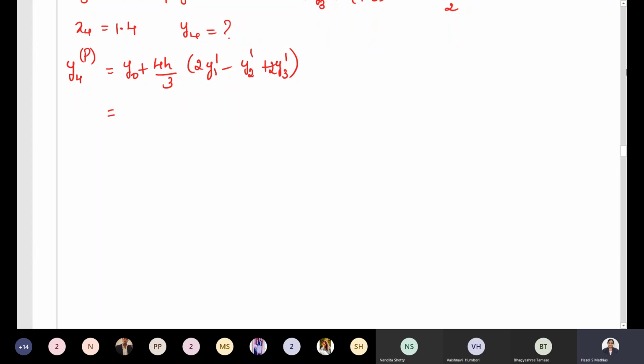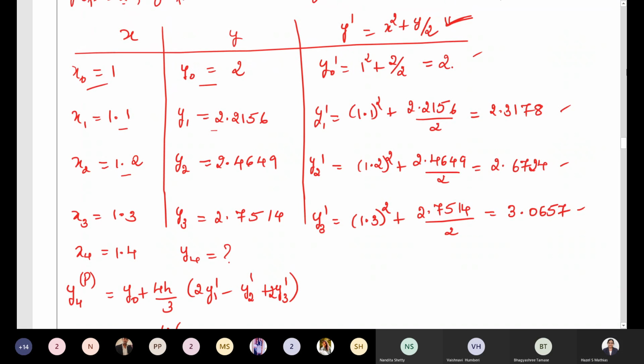Substitute this. What is the y0 value? Y0 value is 2 plus 4 times. What is h now here? What is the difference between two successive values of x? What is h? 0.1. Is it? Anybody, any other answer? Darshan, what is h value?